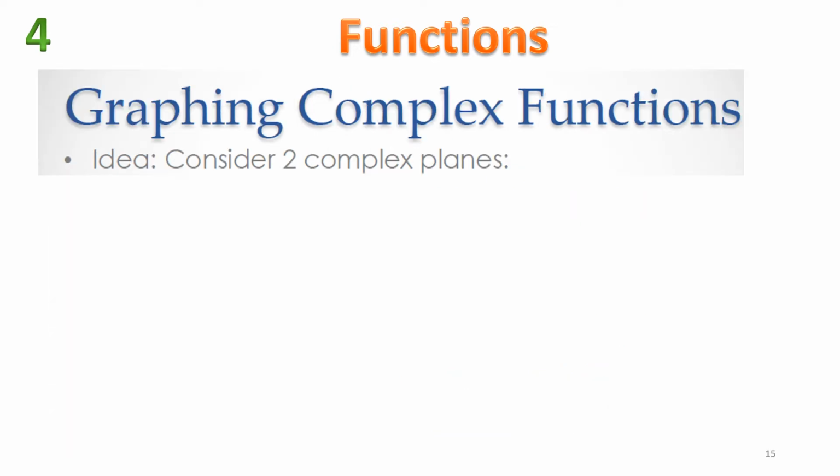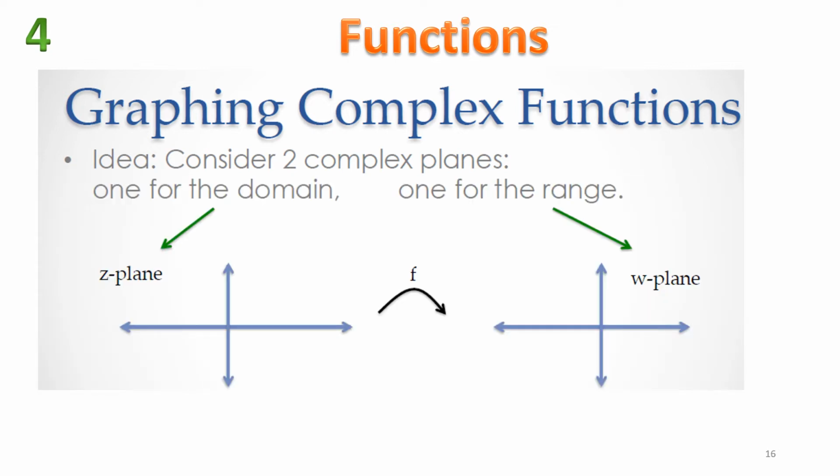Now we shall attempt graphing of complex functions. The idea is that we have two complex planes. The first plane we shall reserve for the domain of the function, and the second one we shall reserve for the range of the function.